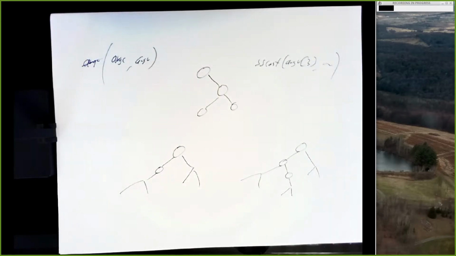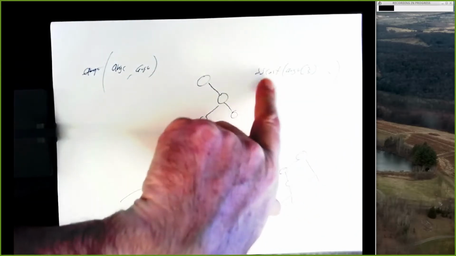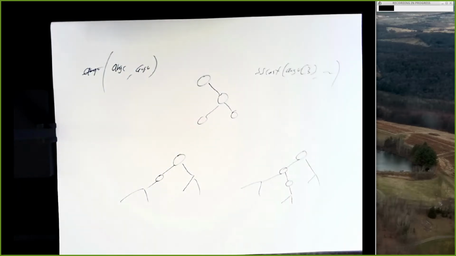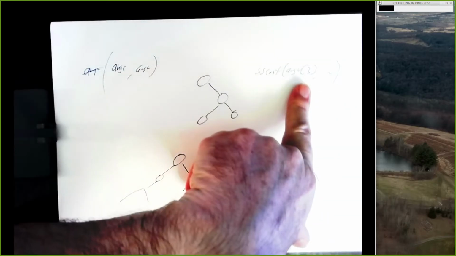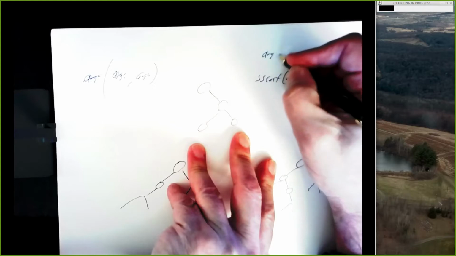One possibility is that this thing is not a valid integer, and that's what this will check for. But another possibility is they ran the program, didn't specify any arguments, and so argv bracket 3 doesn't even exist. So before you do that, what do you do? You check argc.